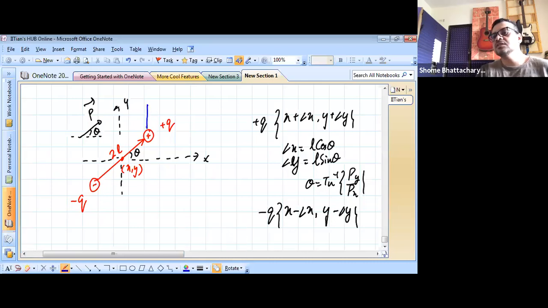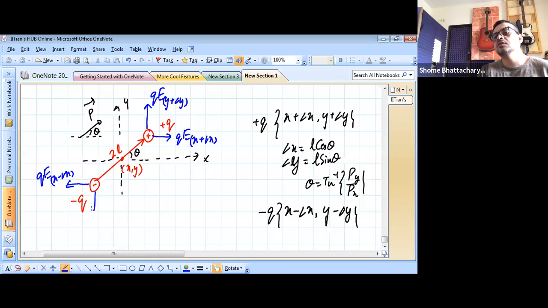So this is experiencing some force along the positive direction because of the positive component of electric field. So this is Q E at y plus delta y, and this is Q E at x plus delta x. And similarly, this is experiencing Q E at x minus delta x.